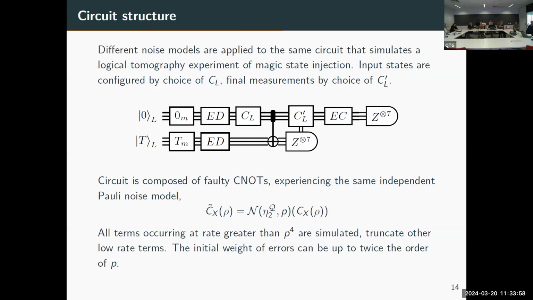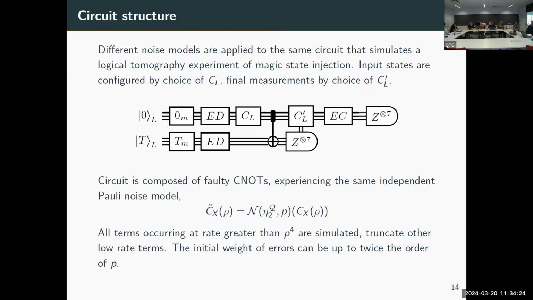You've got gates, you're applying them, the whole shebang. You're preparing some states, doing your magic state injection, and then doing your error correction and final measurement at the end. Each CNOT is faulty, and I'll stress it's just the CNOTs, with a two-qubit biased noise model.